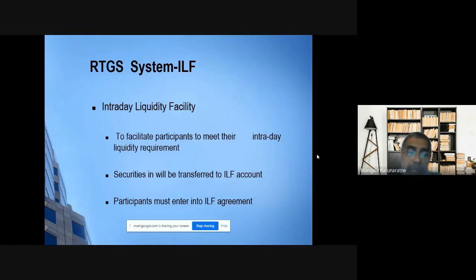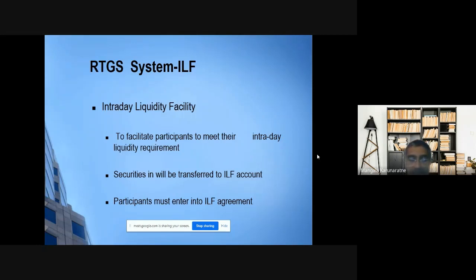So what happens is, when the MLNS runs the process, if one bank doesn't have money for the debit which has to go through this system, if they don't have money to meet the required debit, right?